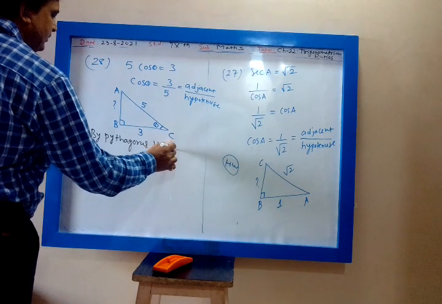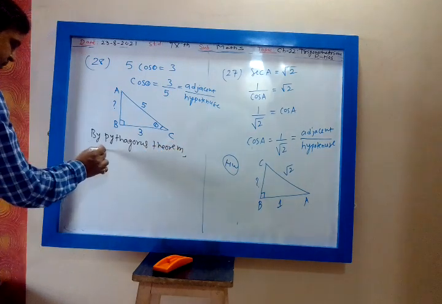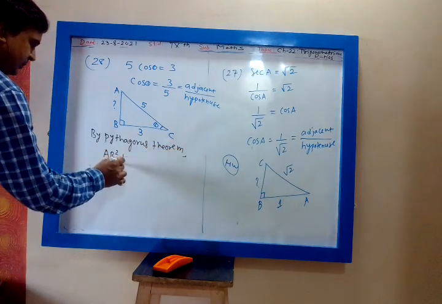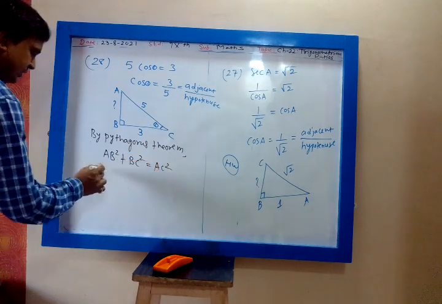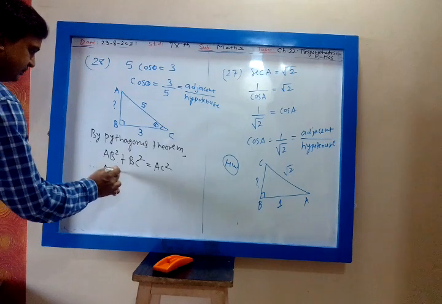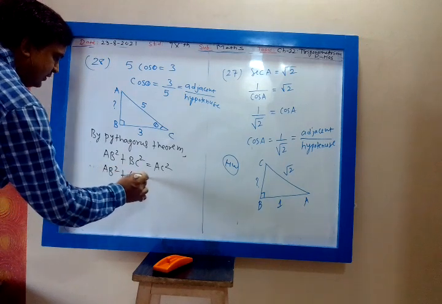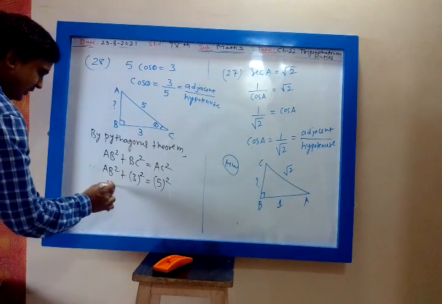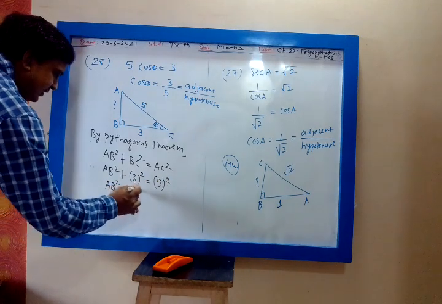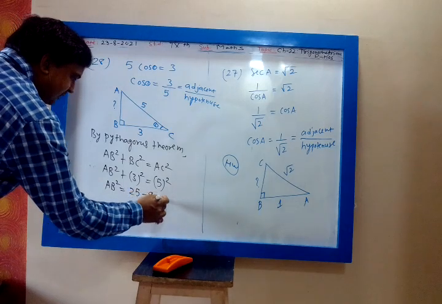We will get AB square plus BC square is AC square. AB square plus 3 square is equal to 5 square. So AB square is 25 minus 9, which is 16.